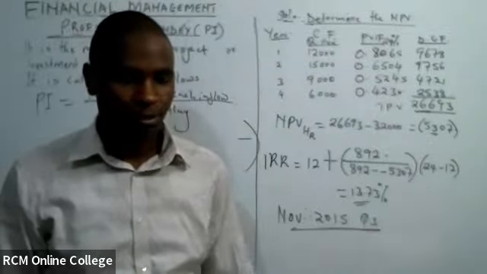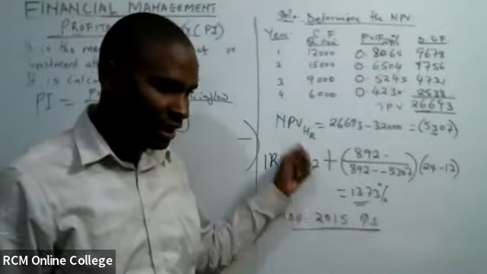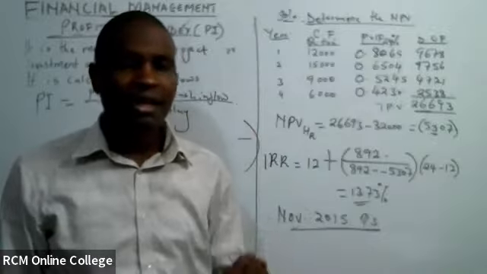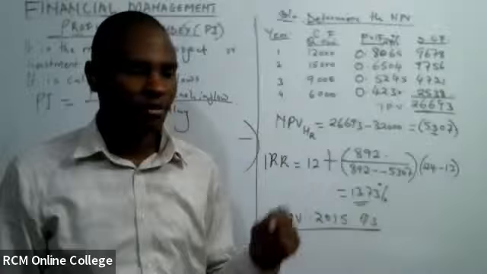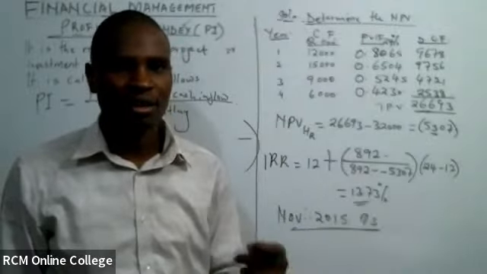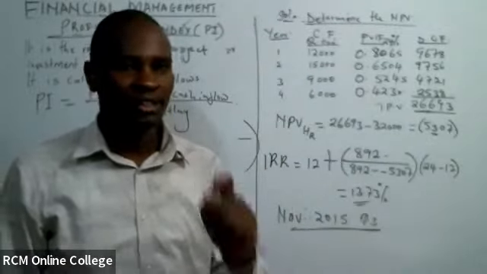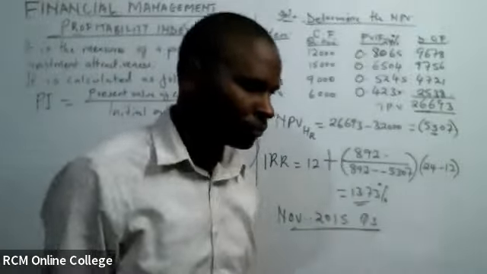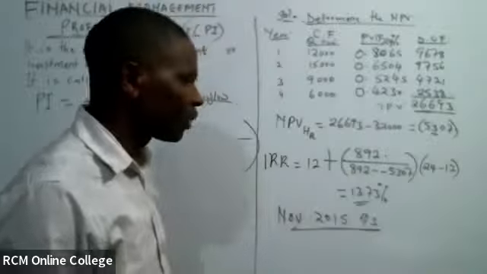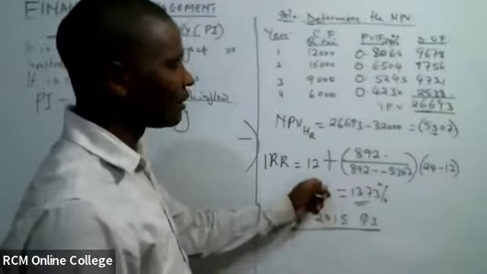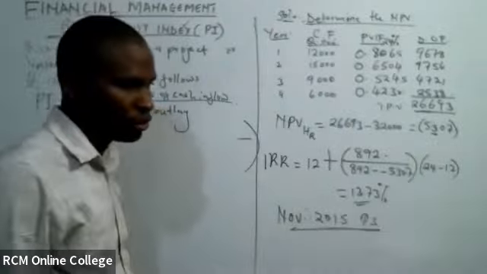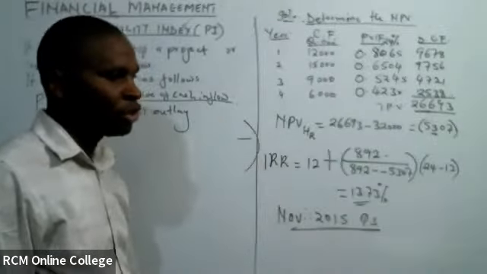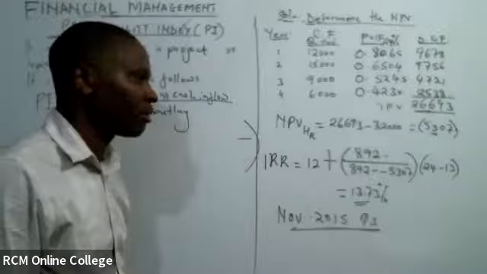Number 2, or next point, under IRR: if the IRR is less than the cost of capital, you reject the project. And the last one, if the IRR is equal to the cost of capital, you may accept the project.